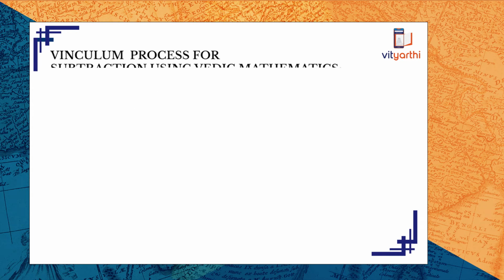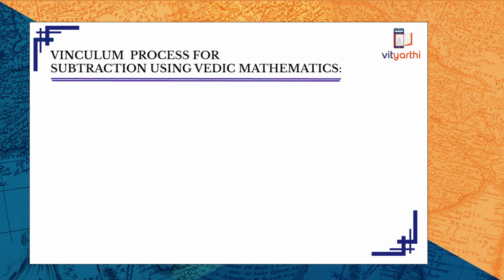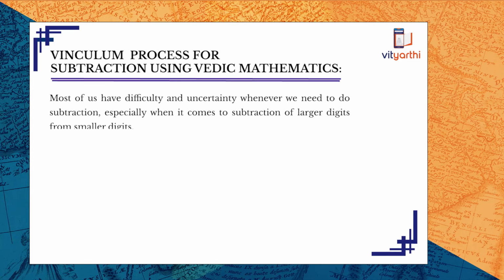Now we will use the vinculum process for subtraction using Vedic mathematics. Most of us have difficulty and uncertainty whenever we need to do subtraction, especially when subtracting a larger digit from a smaller digit.